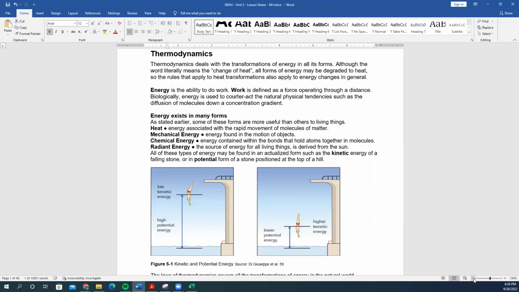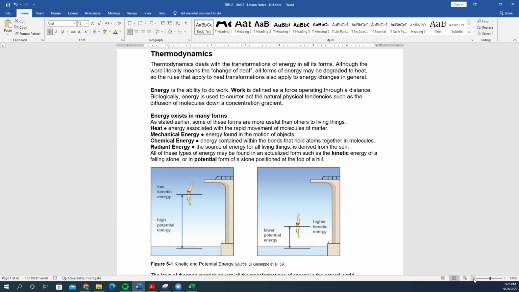If you have a molecule made up of atoms bound together, that chemical energy is stored within those bonds. Then there's radiant energy, the source of energy for all living things here on Earth, and it's derived from the sun.